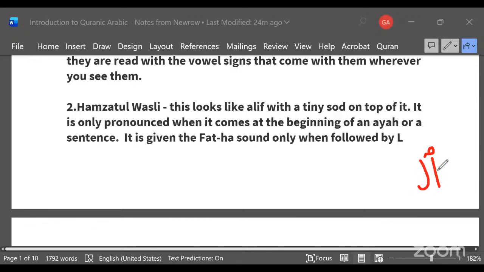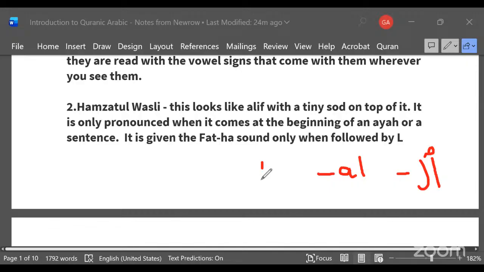Most of the time, Hamzatul Wasl comes with letter lam. That is when it comes at the beginning of a noun, and the noun is a proper noun. And this word that is Hamzatul Wasl and lam is pronounced al, and it means the.